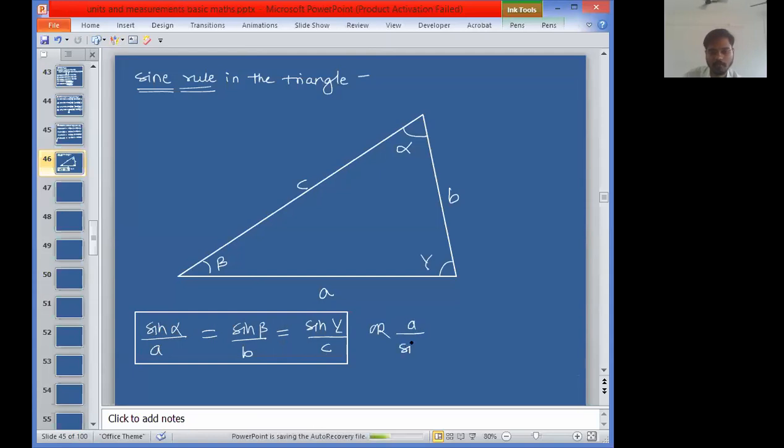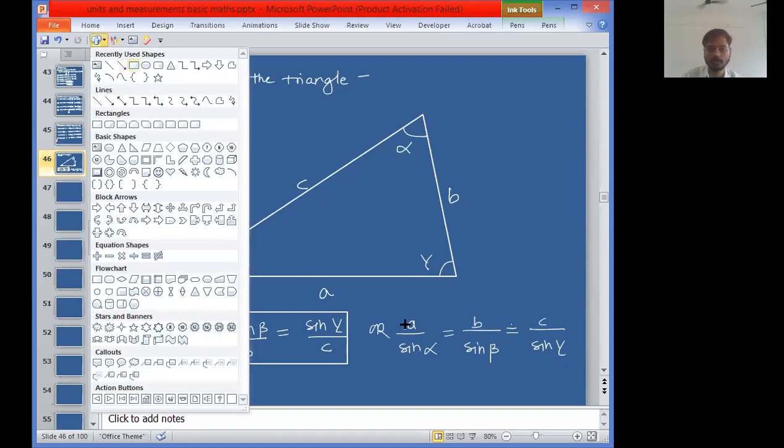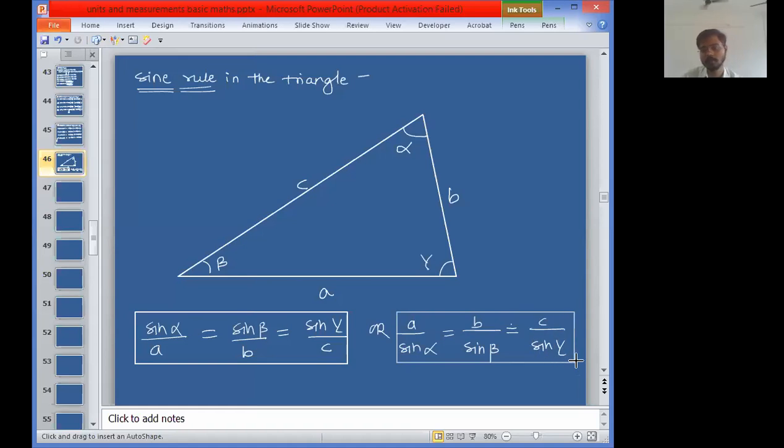A upon sine alpha, side A divided by sine alpha, is equal to side B upon sine beta, is equal to C upon sine gamma. You can take the reciprocal also, absolutely no problem. We can remember it in this fashion as well: A upon sine alpha equals B upon sine beta equals C upon sine gamma.